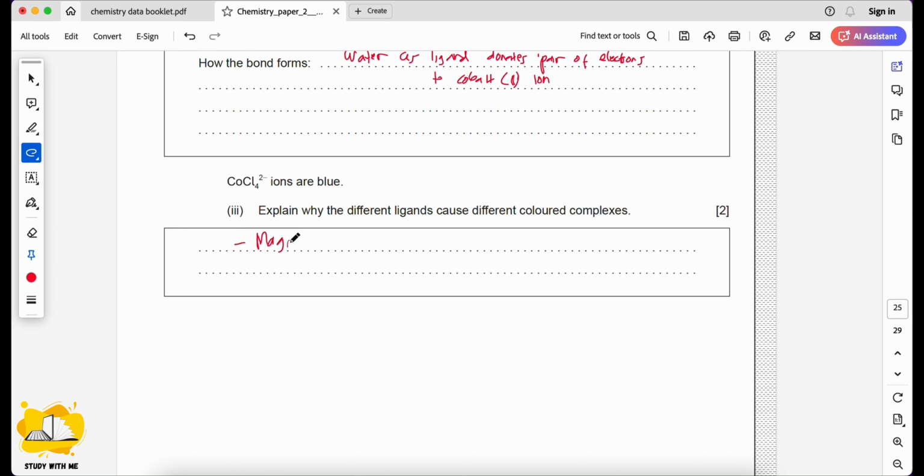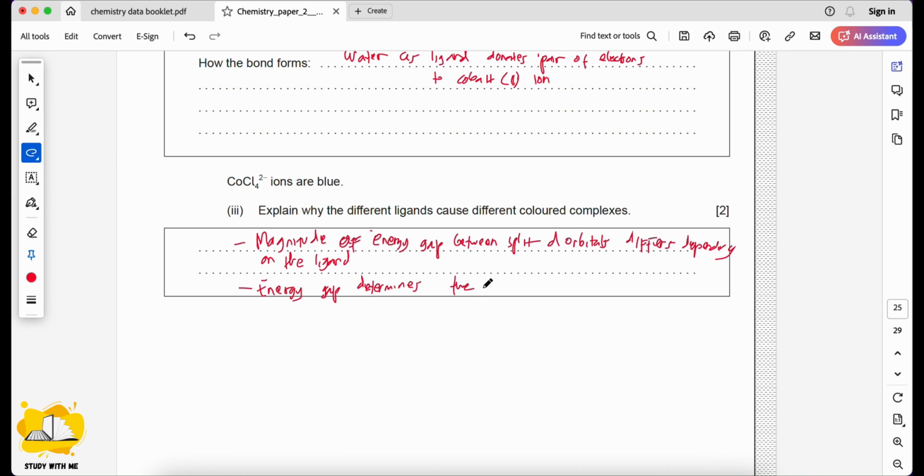It's because the magnitude of the energy gap between the split d orbitals differs depending on the ligand, and also the energy gap determines the wavelength of light absorbed, or color.